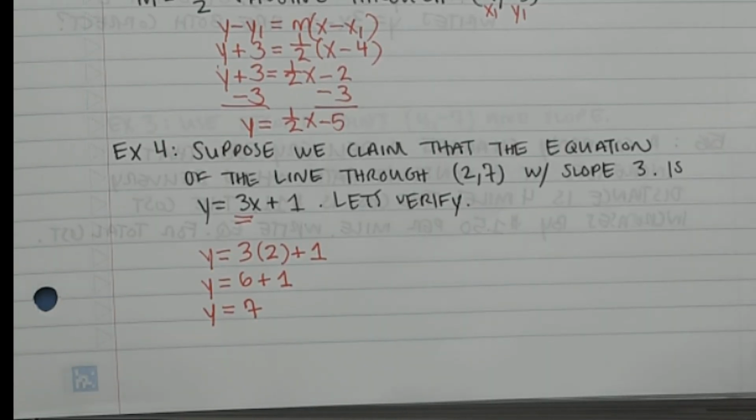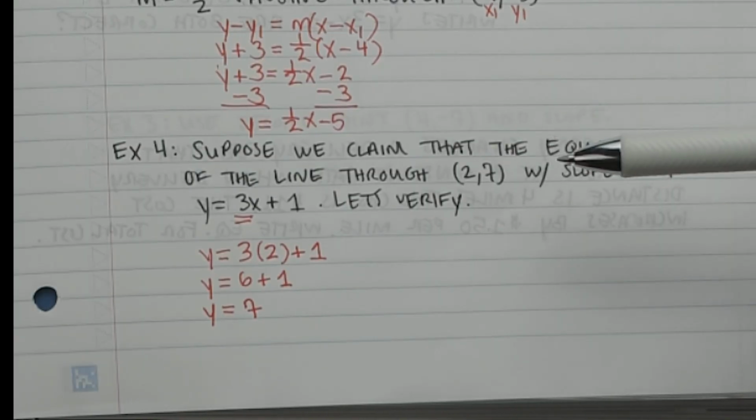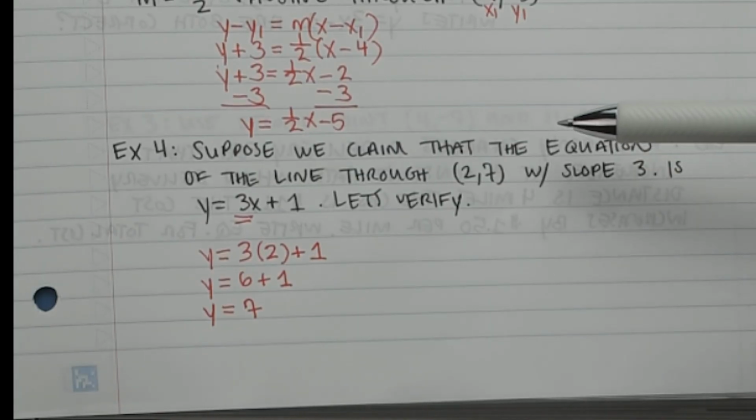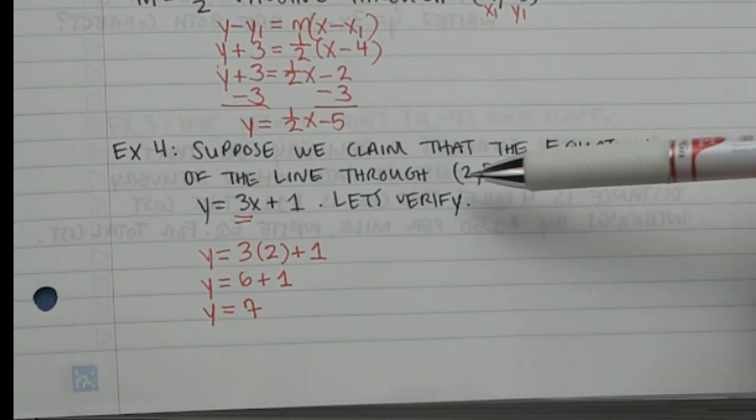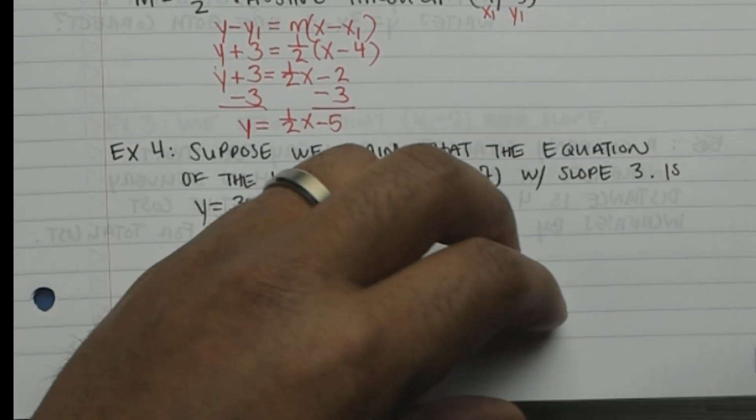So the point (2, 7) does satisfy this equation. Notice when you're given a point and the claim is that this point is on this particular graph, you can verify it by substituting the point into the equation and computing it as follows. Let's continue.